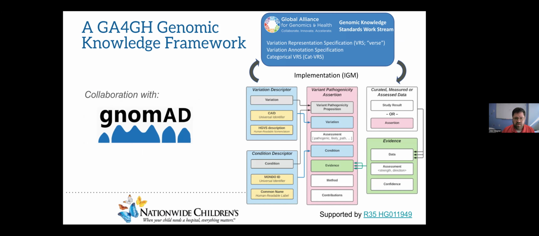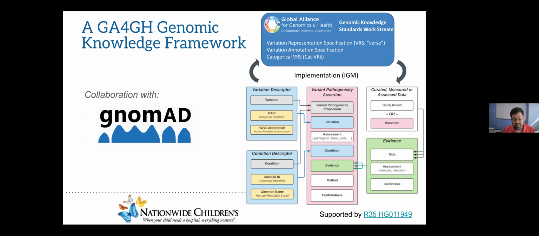the Genome Aggregation Database. This database is a collection of hundreds of thousands of exomes and genomes that describe variants in basically the general population. And I should say, I do mean the general population. It's not disease free. It's also not disease enriched. So it gives us the notion of how frequent in just the general population are certain variants.